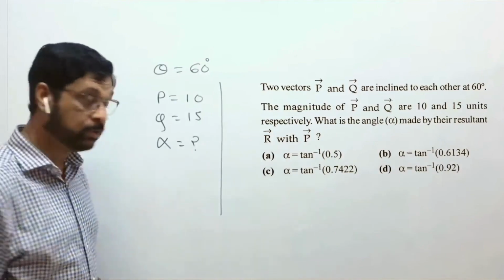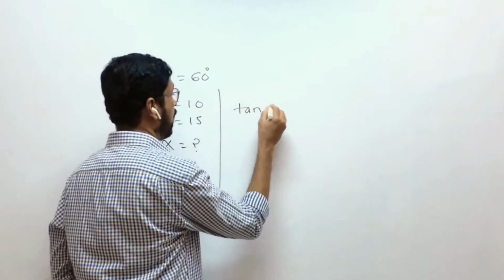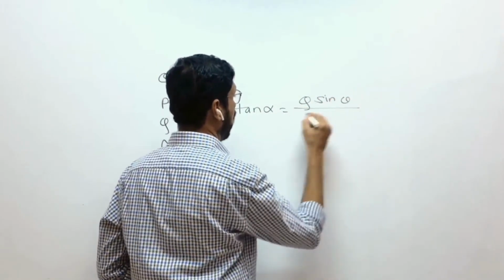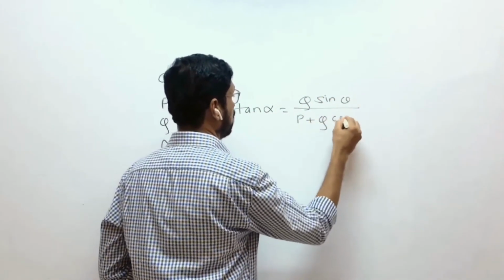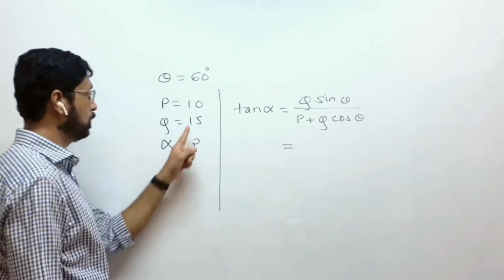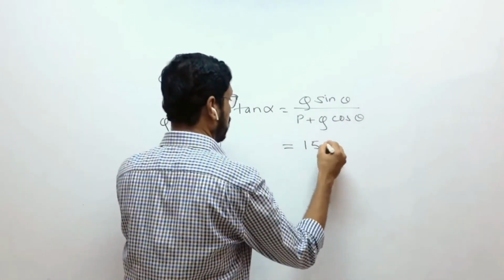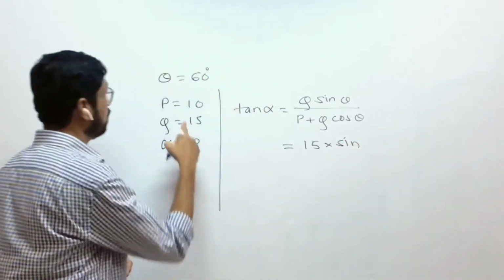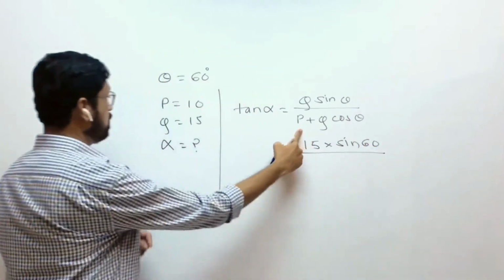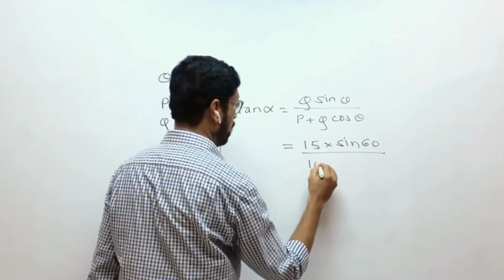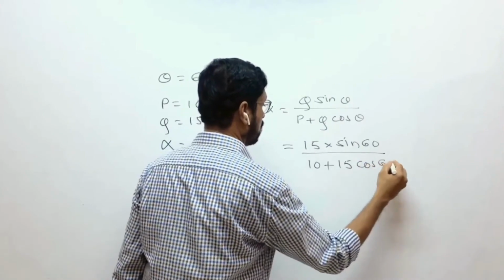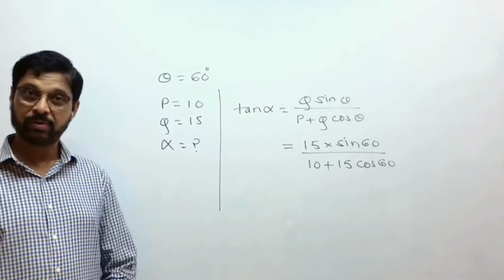Direct formula you have to use. Tan alpha is equal to Q sine theta upon P plus Q cos theta. That is equal to 15 into sine 60 upon P, 10, plus Q cos 60, right?